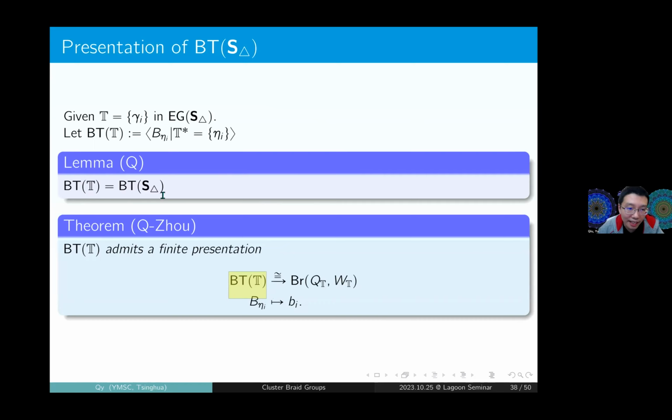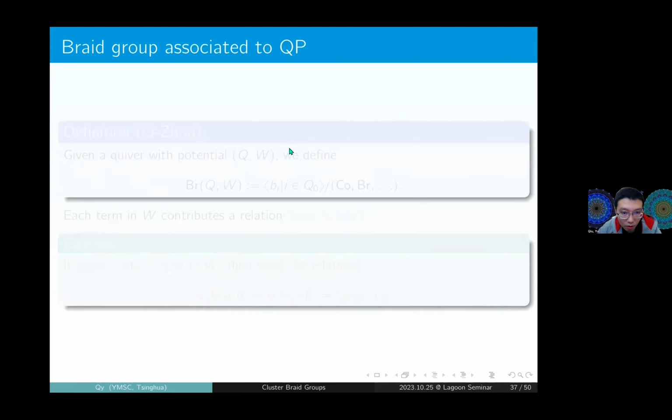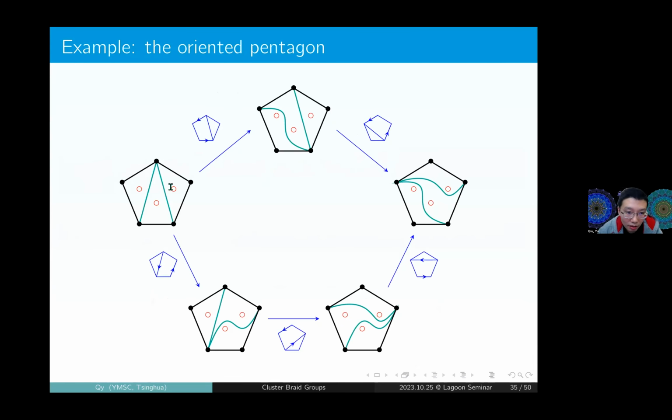When you choose a triangulation and take the dual graph, the dual graph consists of closed arcs. For example, here you have a triangulation. You take the dual graph, and you have this red arc and this red arc connecting the corresponding decorations.